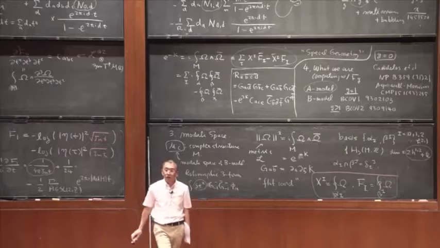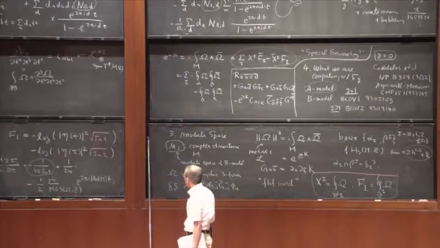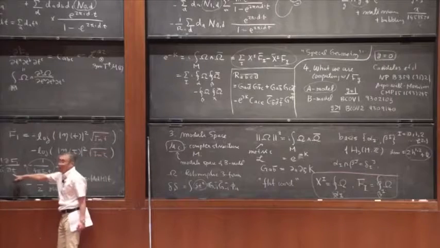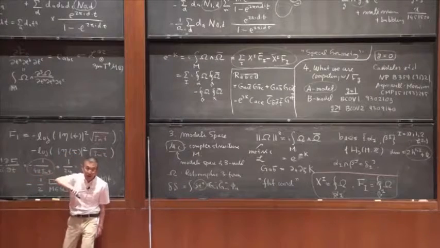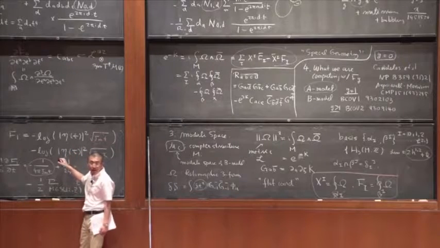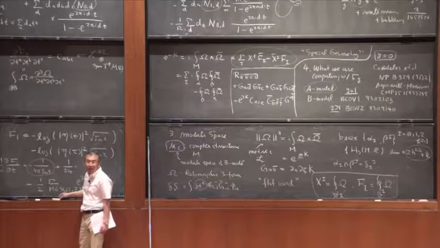You have a question? Yeah. Is it a sum of the A model and B model? This is sum of A model and B model here. But if I take derivative with respect to T, which is well defined in A model, this entire piece drops out. Why does it make sense to consider a sum of the A model and B model?